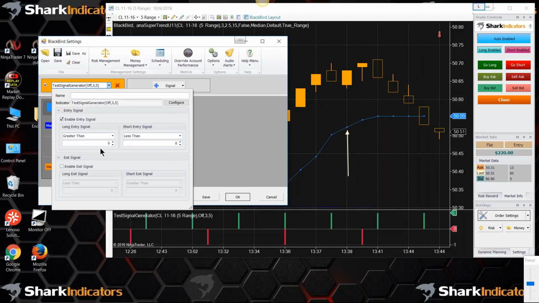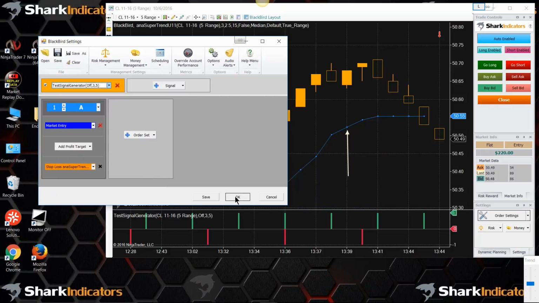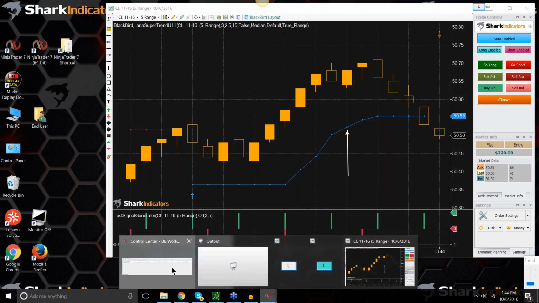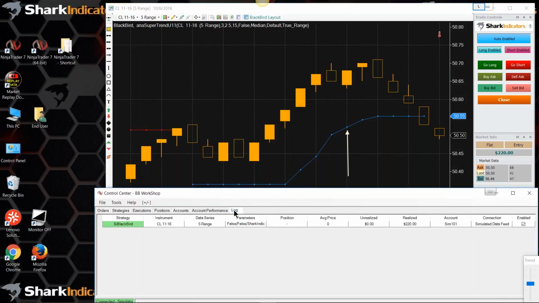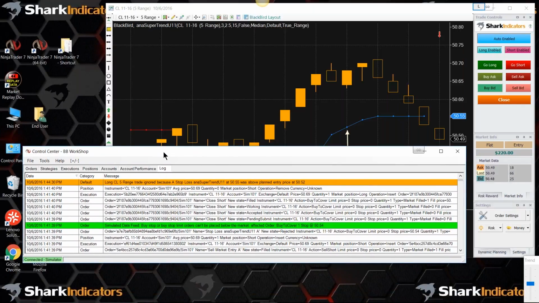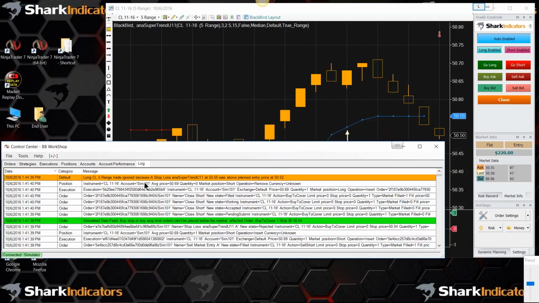Let me make sure I get this set up correctly. Greater than, less than. And let's bring up the control center as well. So there we go. All right.